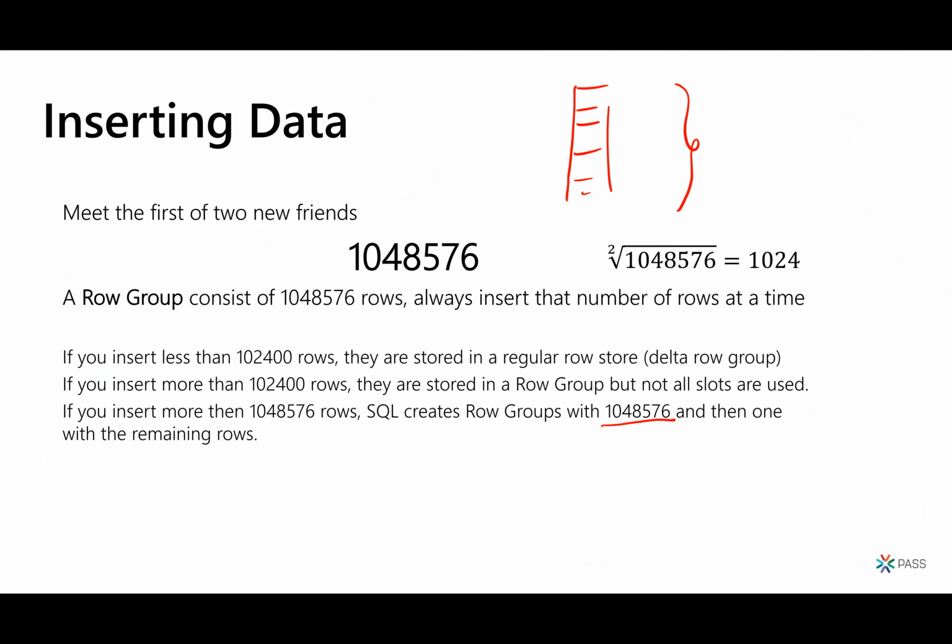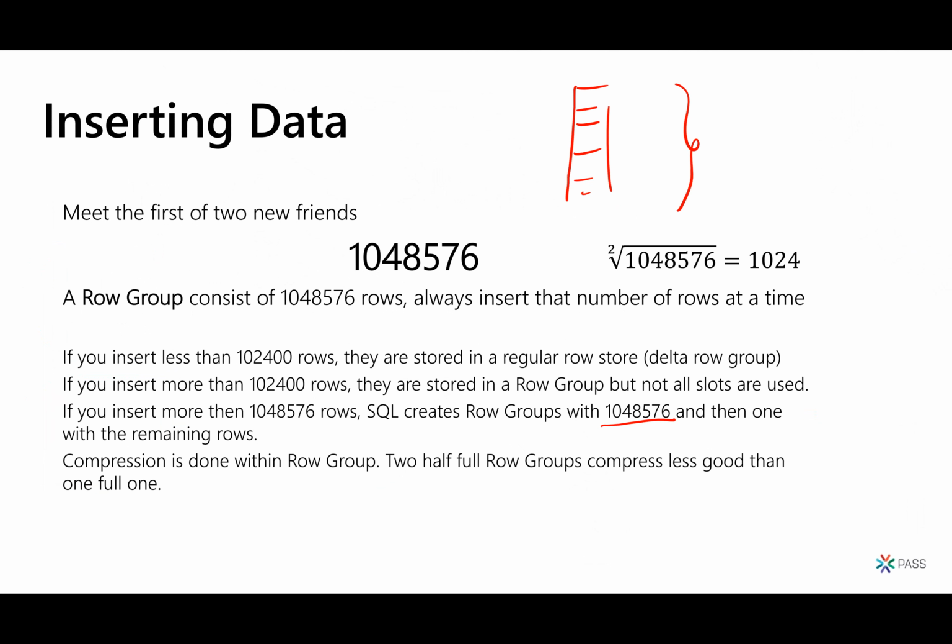And the second one, again, wastes compression potential. And not just compression potential, also, as we will learn later, potential to effectively eliminate row groups. Just another way of saying it, 2 half-full row groups compress less than 1 full one.